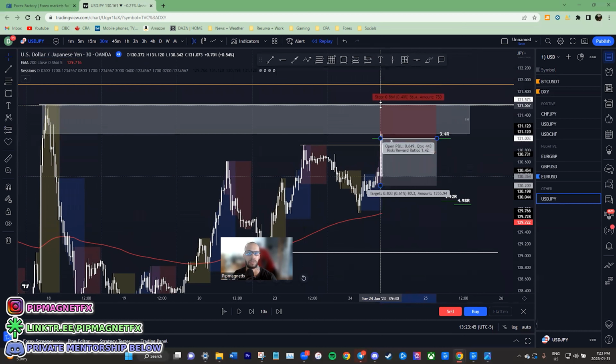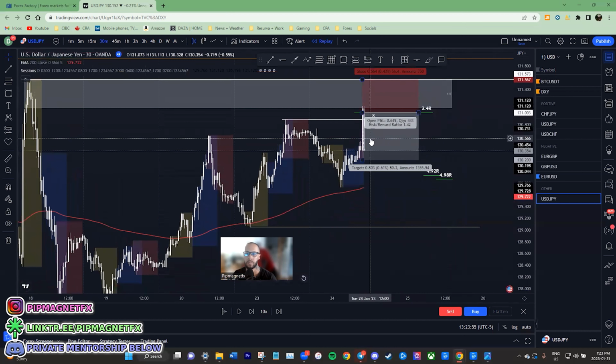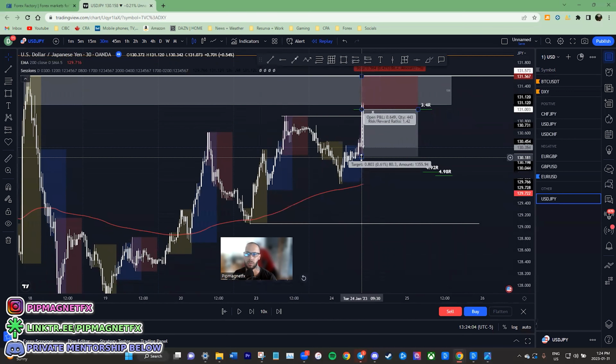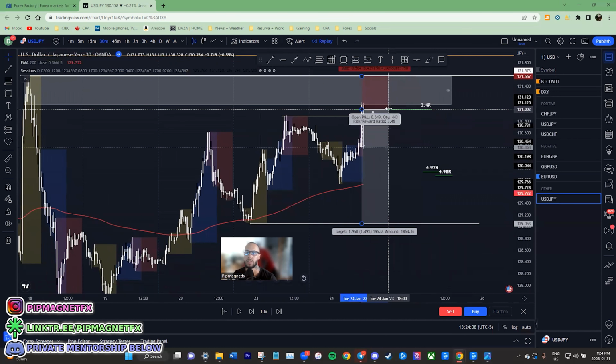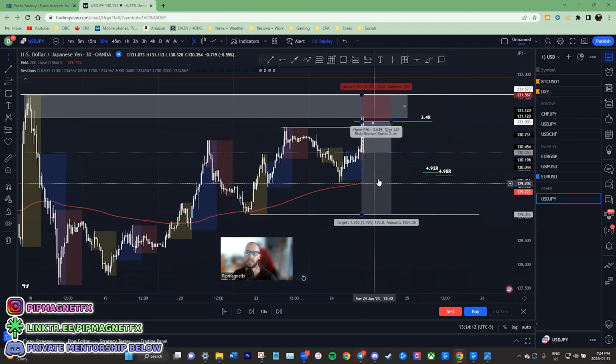Our stops were above this previous high where our supply was, so if our supply didn't hold, that was our invalidation point, and that's where we would want to be out of the market. Our overall target was the low of this range. It just looked like a very weak low to target for the week, so this is more of a higher time frame entry, but we use this entry to base our bias for the rest of the week.